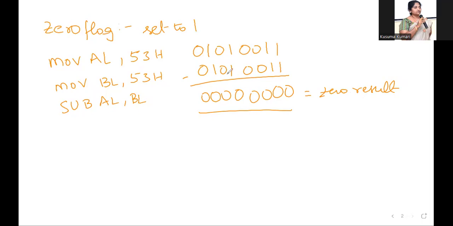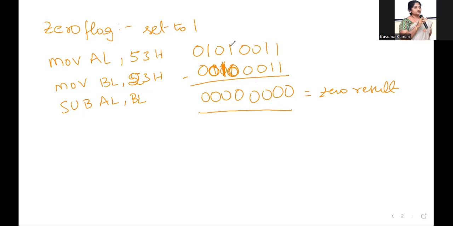If the result is a non-zero result, for example here it is 23 hexa. So 23 means this position is 1, 3 is 0011, and so on.